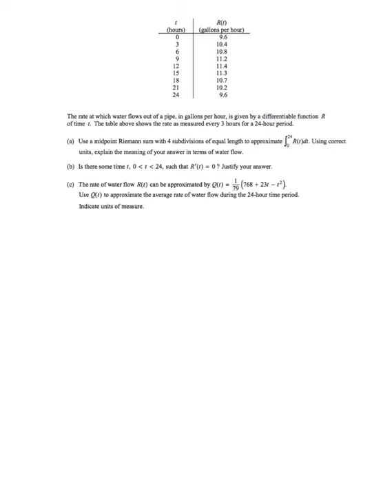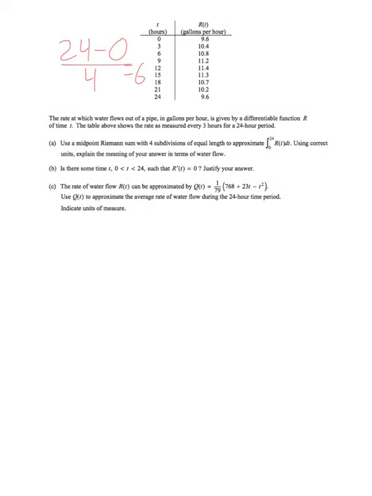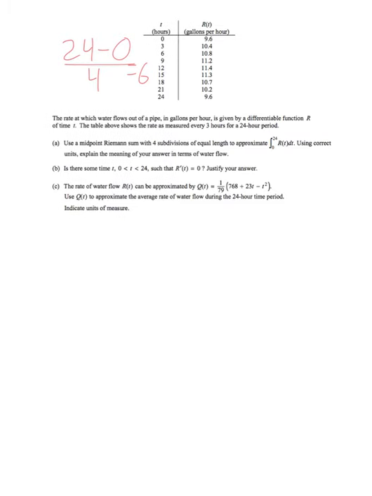The first thing I'm going to think about is, if I'm going to cut it into 4 chunks of equal length, well, my interval is from 0 to 24, and I'm going to divide that into 4 chunks, so each one is going to have a length of 6. Oops, not what I wanted to do there.